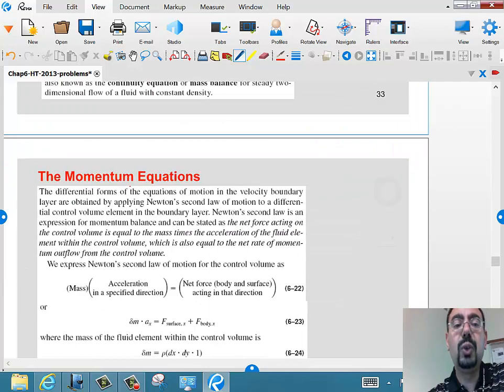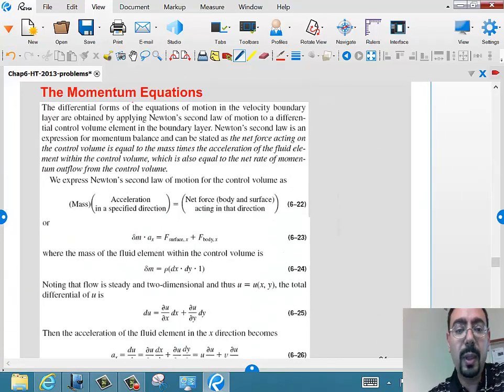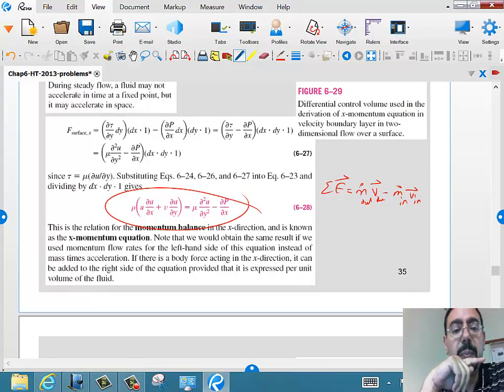And here he tried to solve the boundary layer to come up with the velocity profile. So this is the boundary layer equation. This is a simplification of the Navier-Stokes equation, which is the mother of all fluid mechanics equations. So there's a simplified Navier-Stokes equation, so they can come up with this.